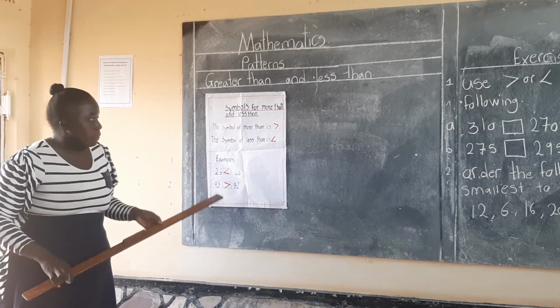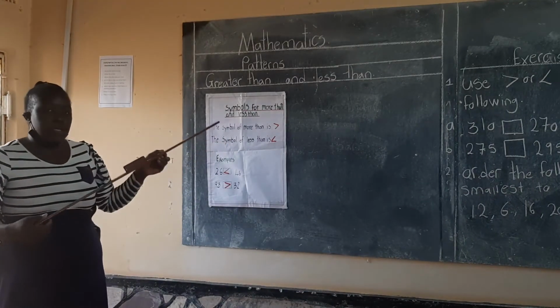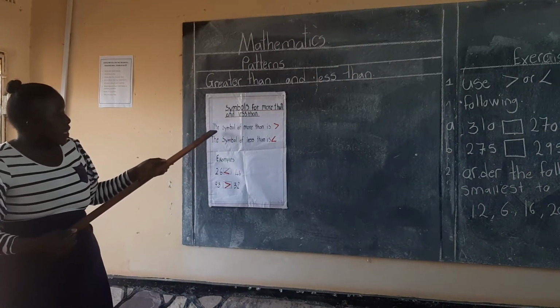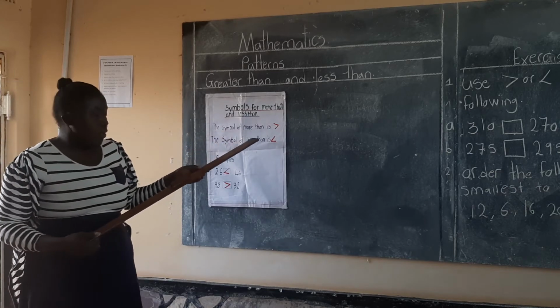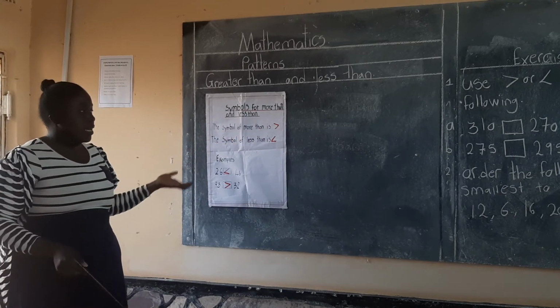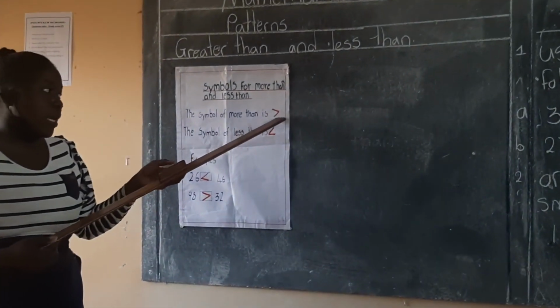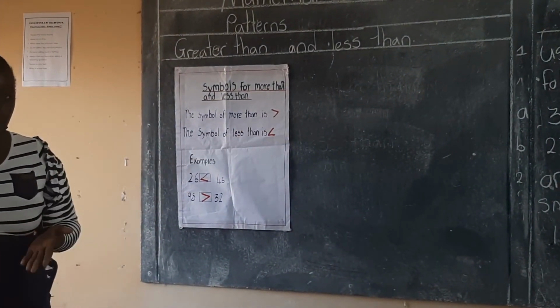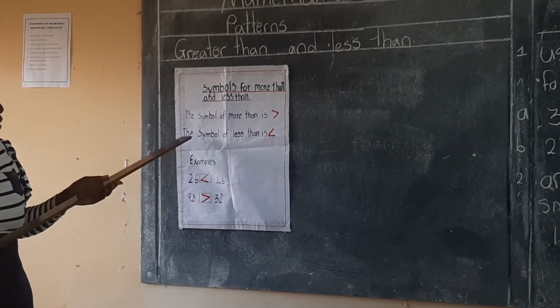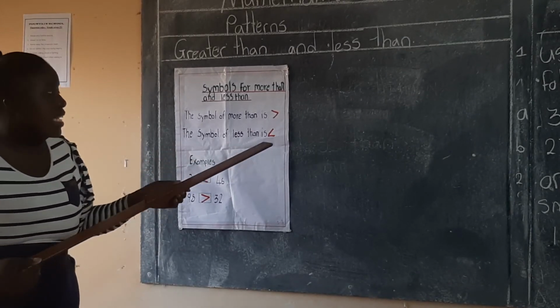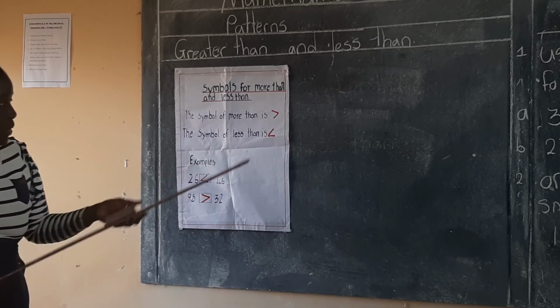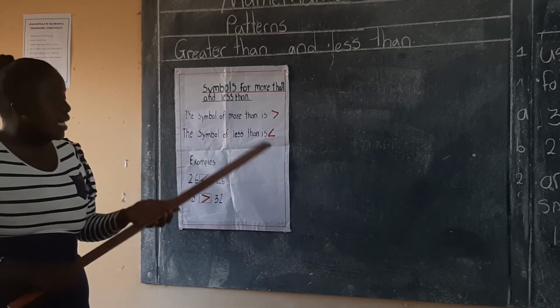Our chart tells us everything. The symbol for more than, which is the same as greater than, is this one. And the symbol for less than is this one.